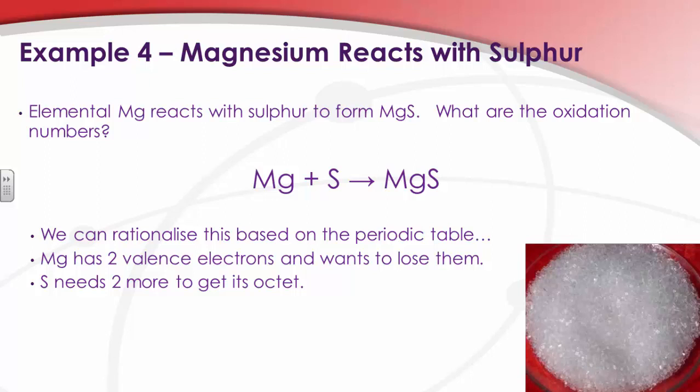It has 2 valence electrons that it wants to lose. So from that we can get sulfur at -2 to get its full octet. And remember, of course, that in elemental form each of these has an oxidation number of 0. So there's our overall oxidation states of each one.